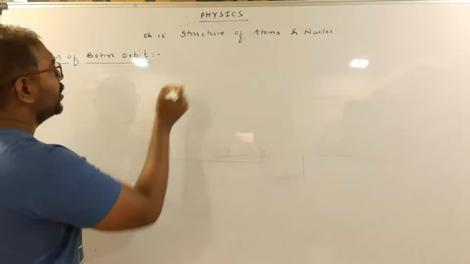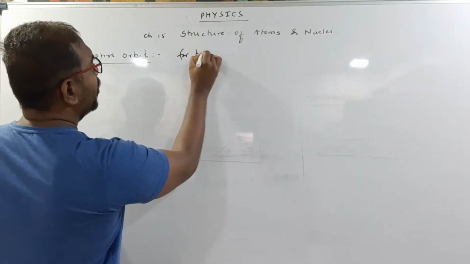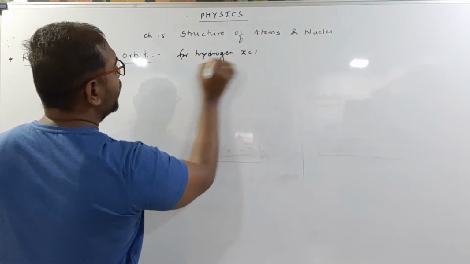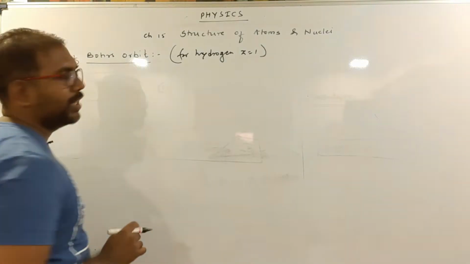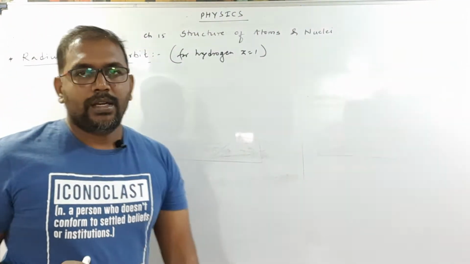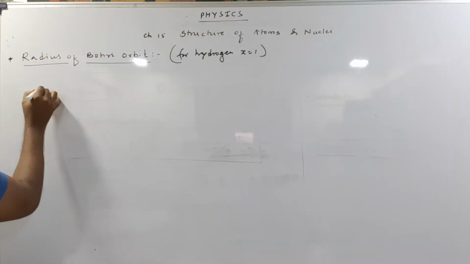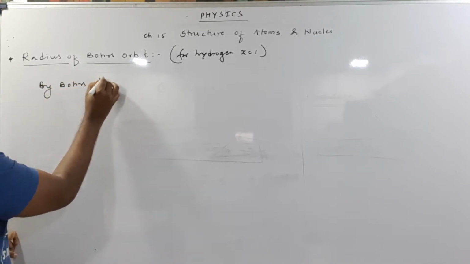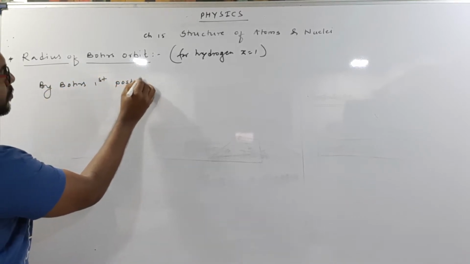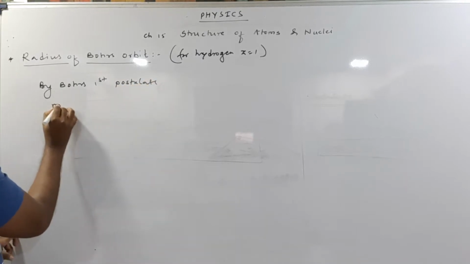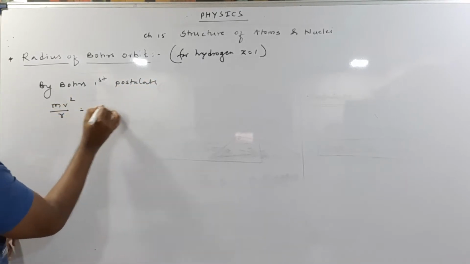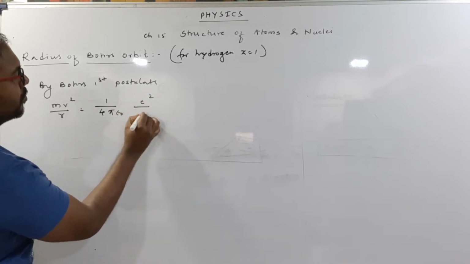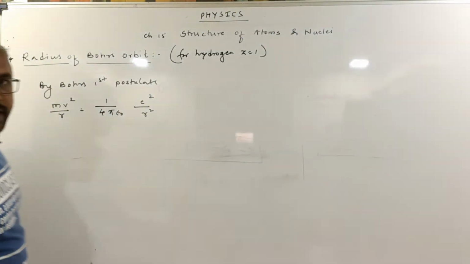So for hydrogen, you remember, Z is equal to 1. So I consider hydrogen, and then by Bohr's first postulate, centripetal force is equal to electrostatic force. Now here we can cancel the common term.